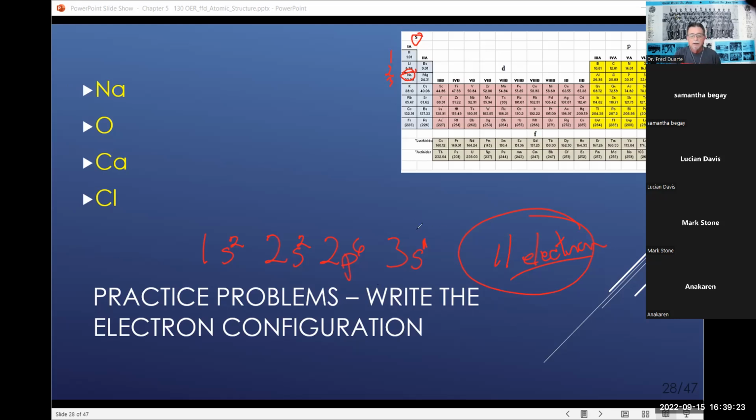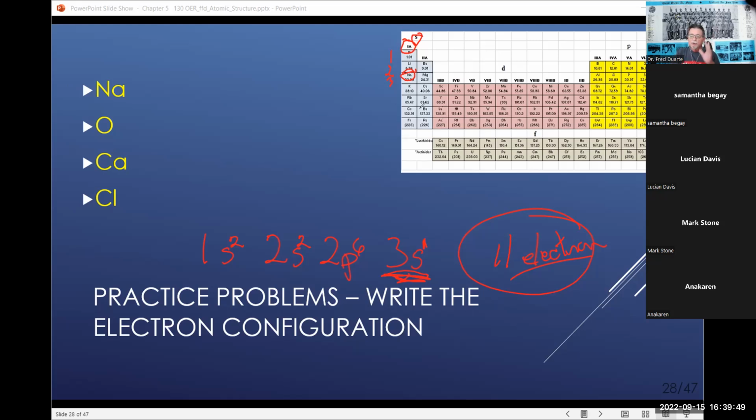Okay. Now, furthermore, this third energy level is the outermost energy level for sodium. That is what we call the valence shell. There's one sole electron in the valence shell. Okay. So if you look at the group number on top of that group, you see the Roman numeral 1A.